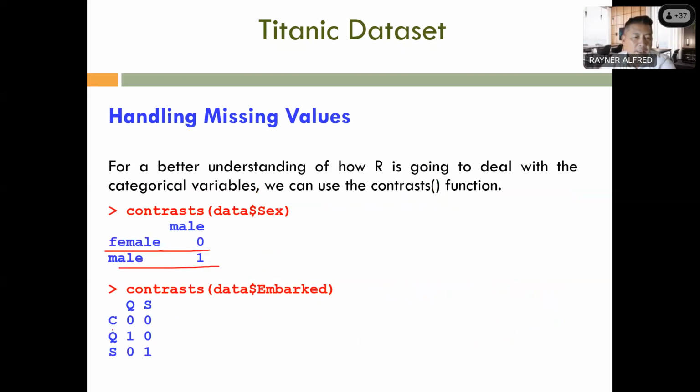Similar to this, C will be 0, 0, Q will be 1, 0, and S will be 0, 1. Basically this simplifies it: we are supposed to have 0, 1, and then 0, 0, but we simplify to 2 columns.